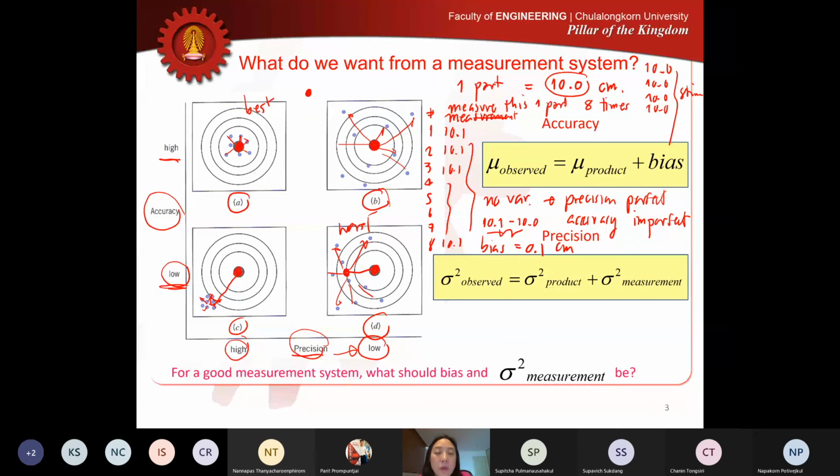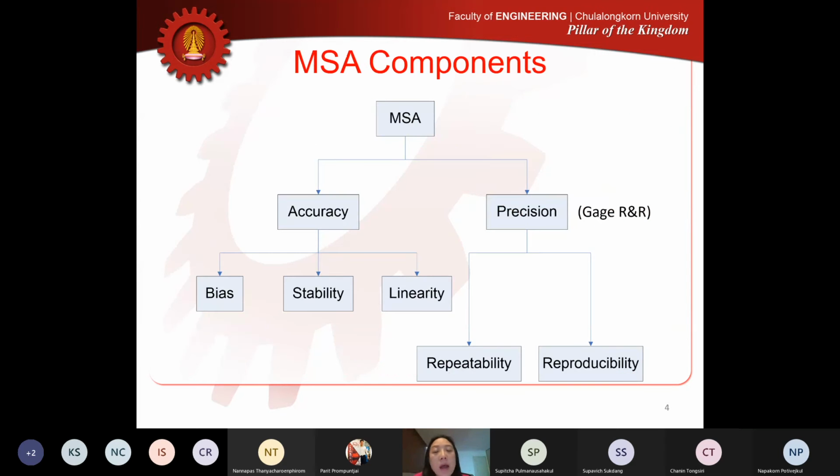Next, if I summarize what is very important for a measurement system, we need both accuracy and precision. In terms of the precision that we have talked about before, number one, we need repeatability. That means consistency within the results across different times by the same inspector.